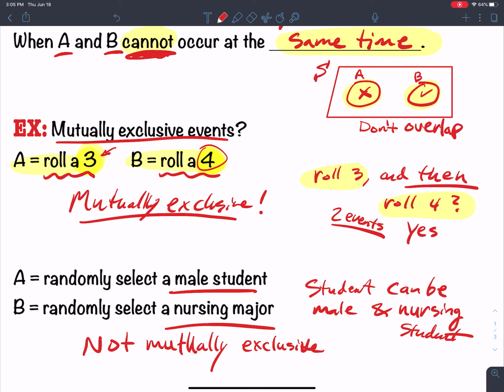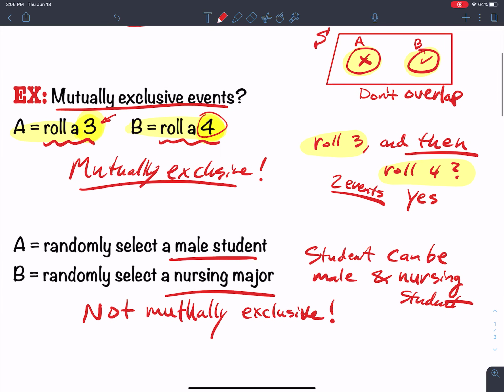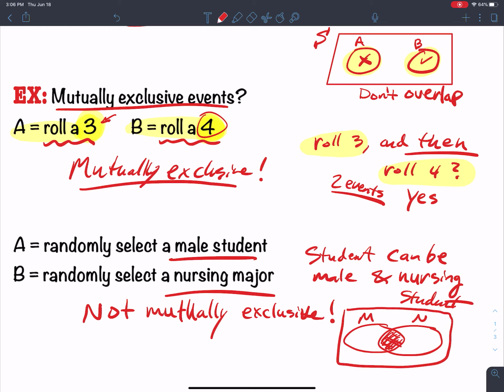Very clearly, a lot of people are male nurses. So what does that look like? If this is all the males and these are all the nursing majors, there is an overlap here. Therefore, it's clearly not mutually exclusive.